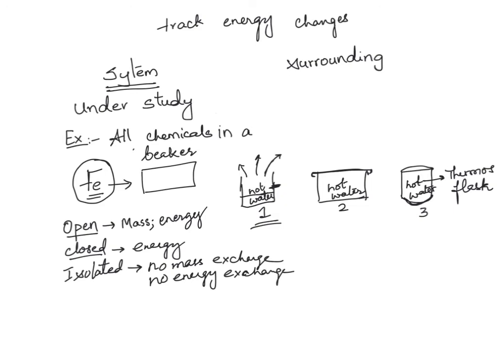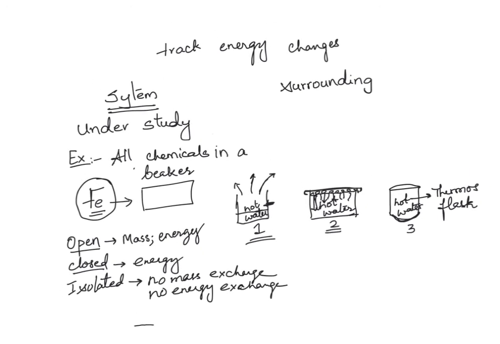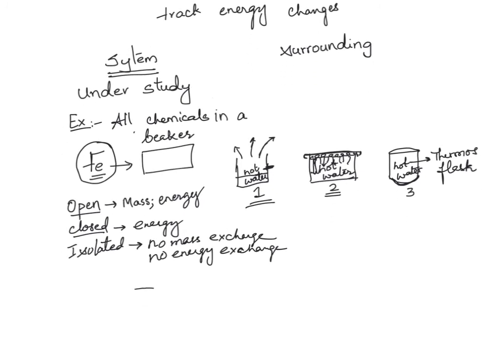Now let's talk about the second container. There might be movement of water vapor, but the water will stay here because there is a lid. So what will happen after some time? This water will come back into the bulk of water, falling back into the bulk water. So there was no mass exchange.